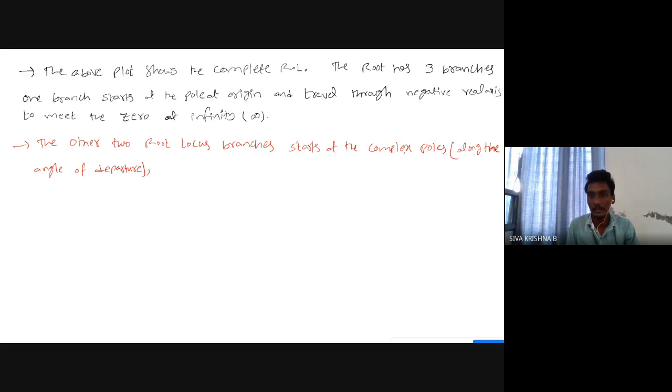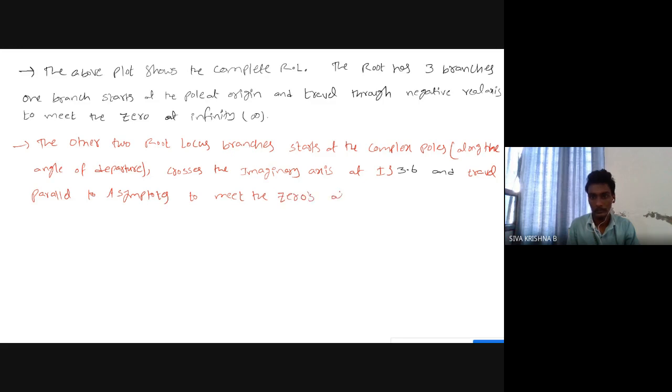They start at complex poles, cross the imaginary axis at plus or minus j 3.6, and travel parallel to the asymptotes to meet the zeros at infinity.